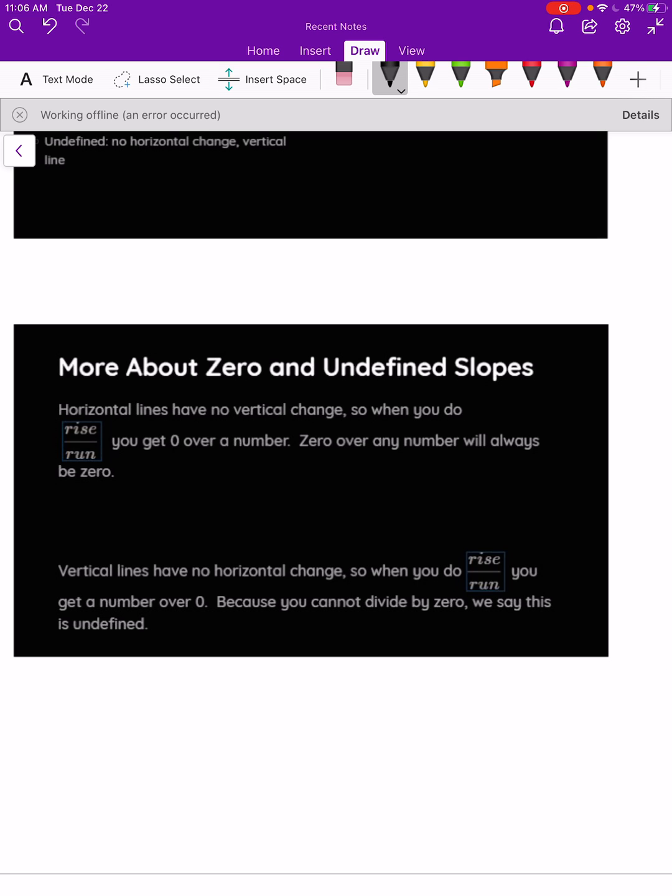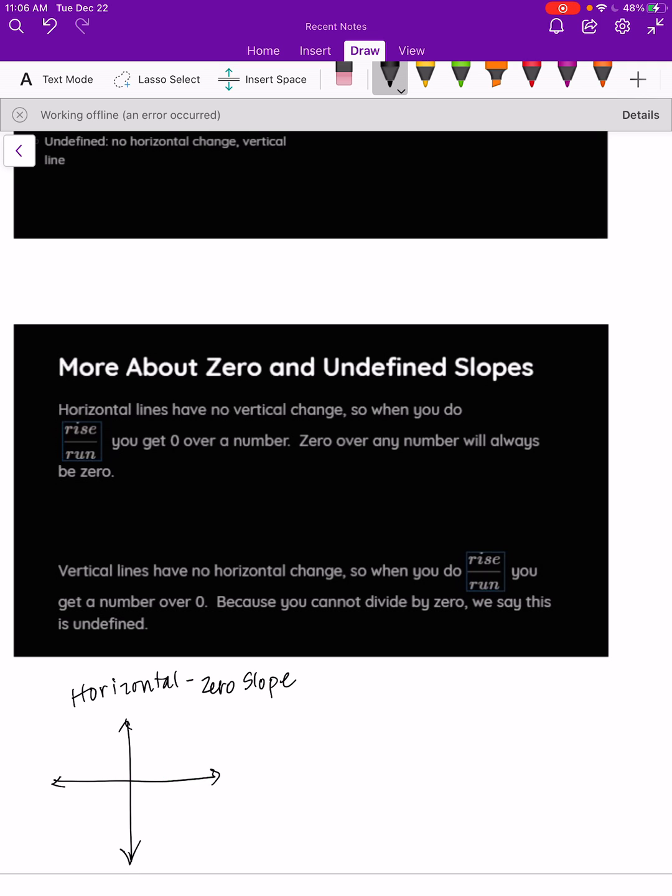Let me show you what I'm talking about. We're going to talk about horizontal, which we know is 0 as far as the slope is concerned. It would be something like this.